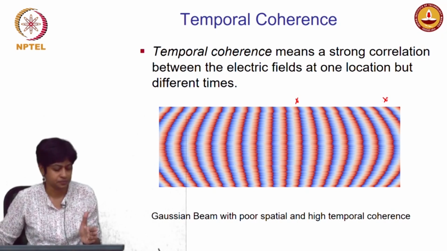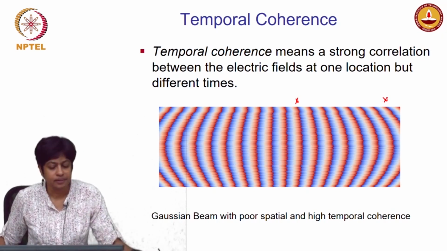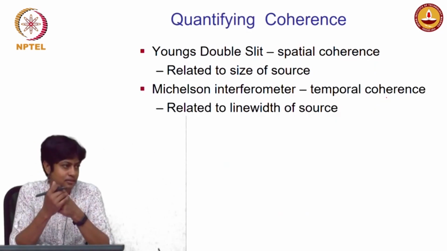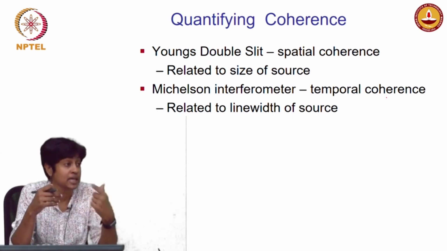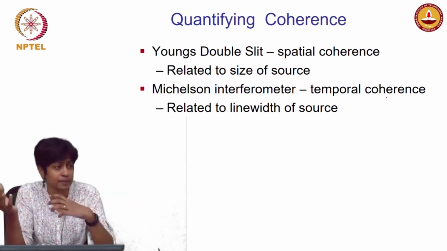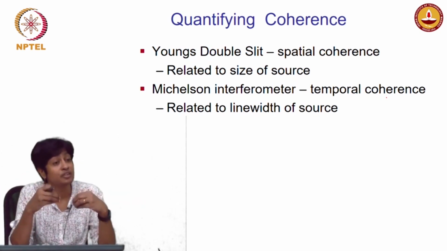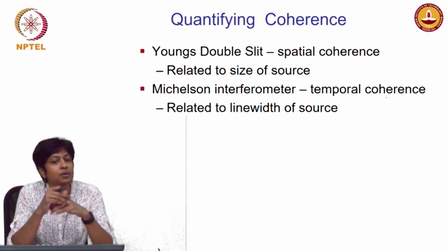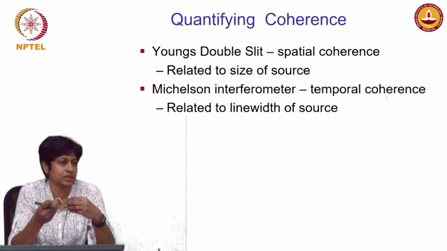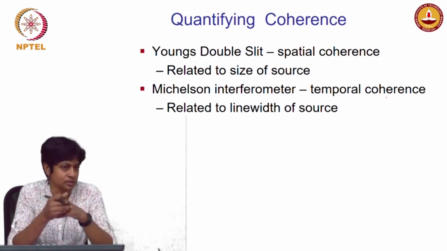Okay? Okay. How do we study these? If I want to look at a source and find out, does this source have good spatial coherence, good temporal coherence, and what in fact affects the spatial and temporal coherence of a source? Now, our ideal sources are always point sources.